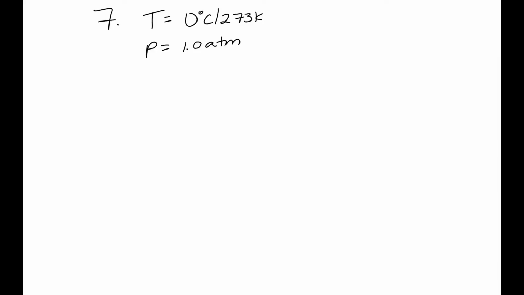Now, if the pressure is increased, so we got a 1 and a 1. Pressure is increased to 205.4 kPa. What is the temperature? So we don't want atm, we want 101.3 kPa.